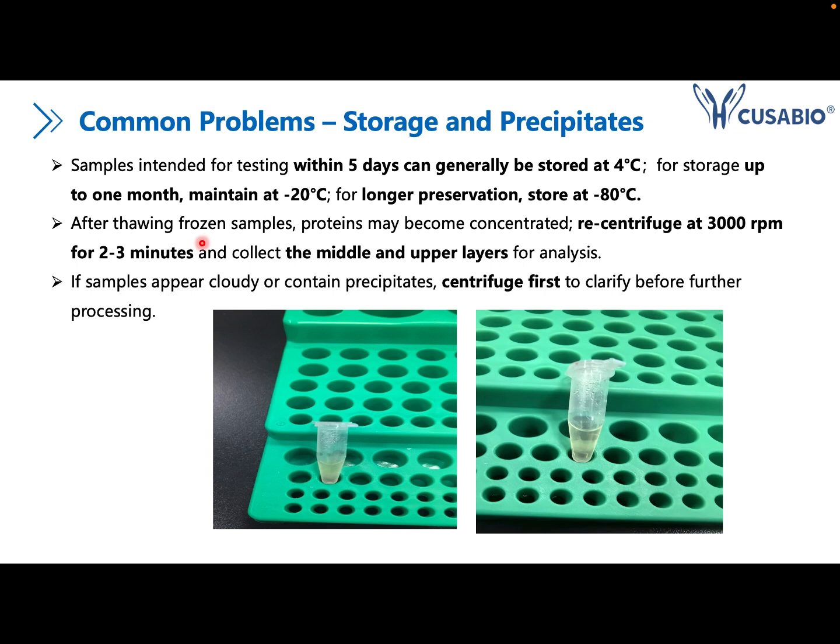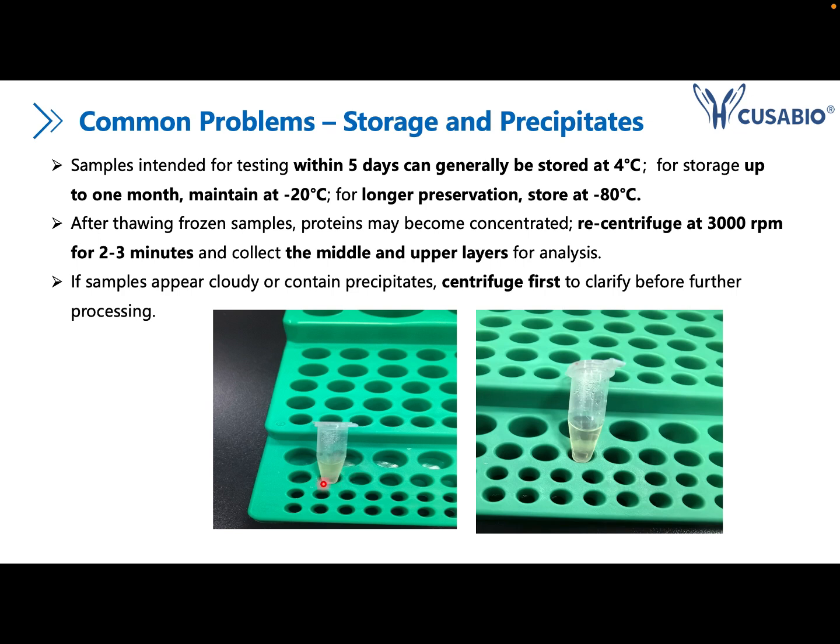After you thaw the frozen samples, sometimes the proteins inside the samples will become concentrated. In this case, please recentrifuge the sample at 3000 RPM for 2 to 3 minutes. Then you can collect the supernatant, especially the middle and the upper layer of your sample, for analysis.